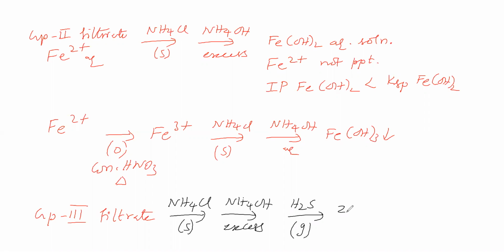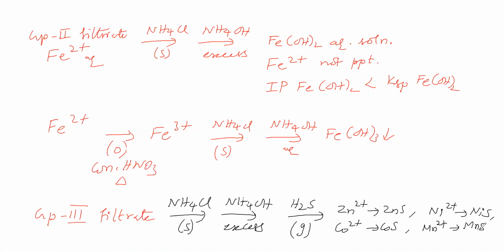Zn2+ precipitates as ZnS. Ni2+ precipitates as NiS, sulfide. Cobalt salt precipitates as cobalt sulfide. Manganese salt precipitates as manganese sulfide.